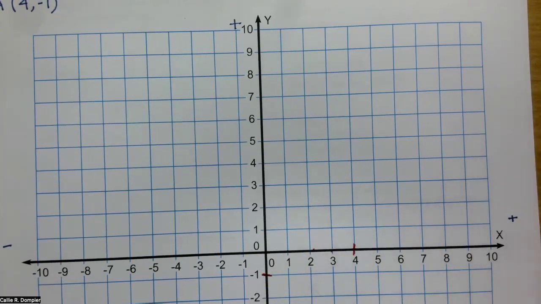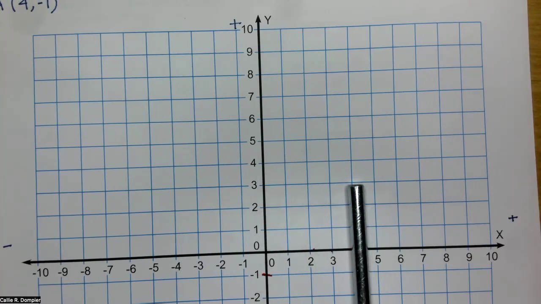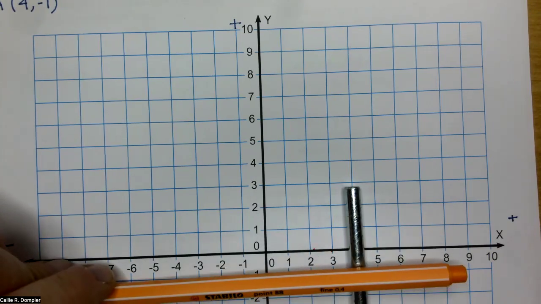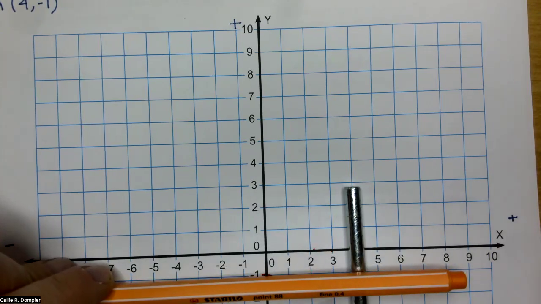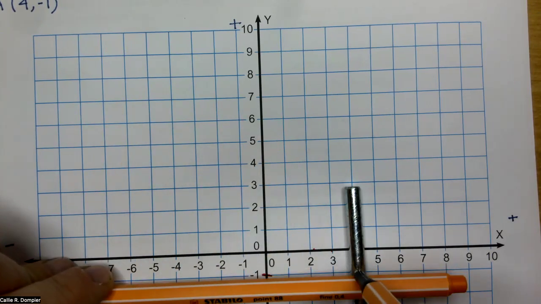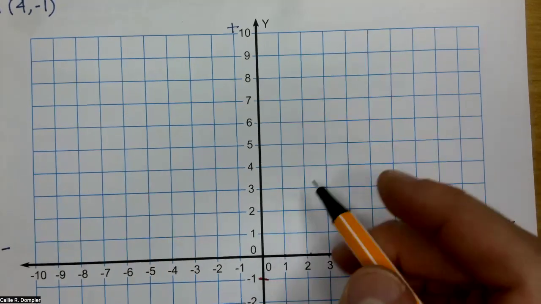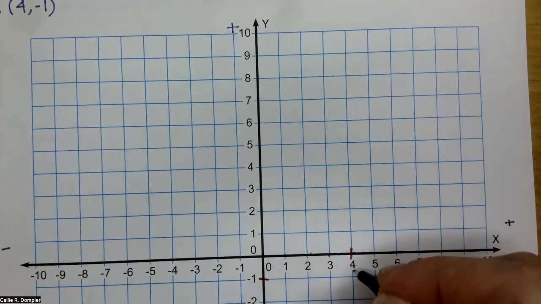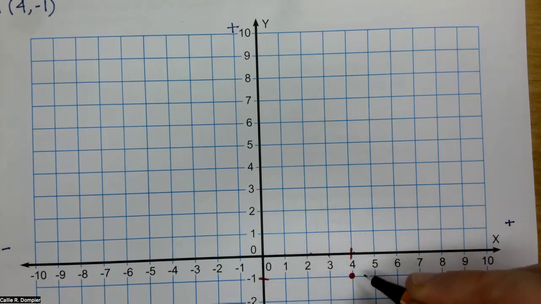Where do they meet? If I draw a line at +4 on x, and another line at -1 on y, where do they meet? They meet right here, okay? So from 4 down to -1 is this point. But we always start with the x and then we go to the y.